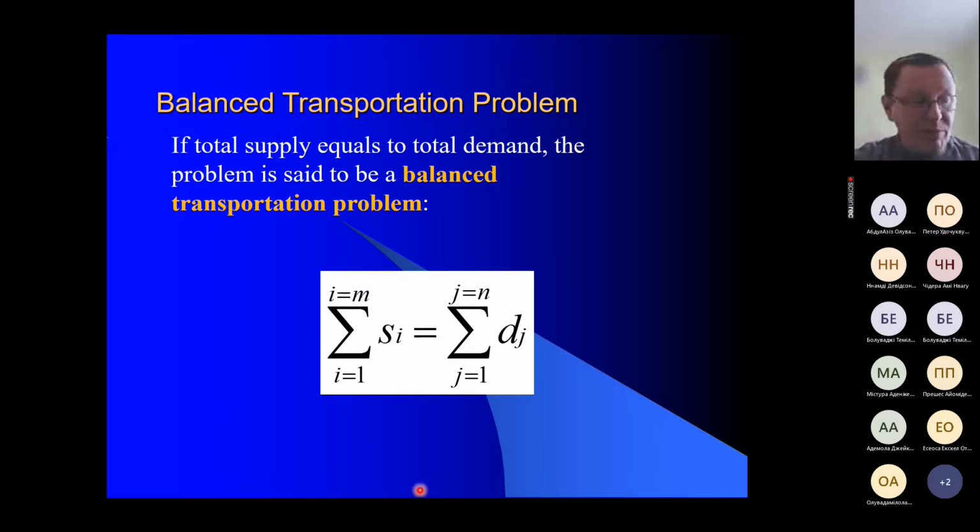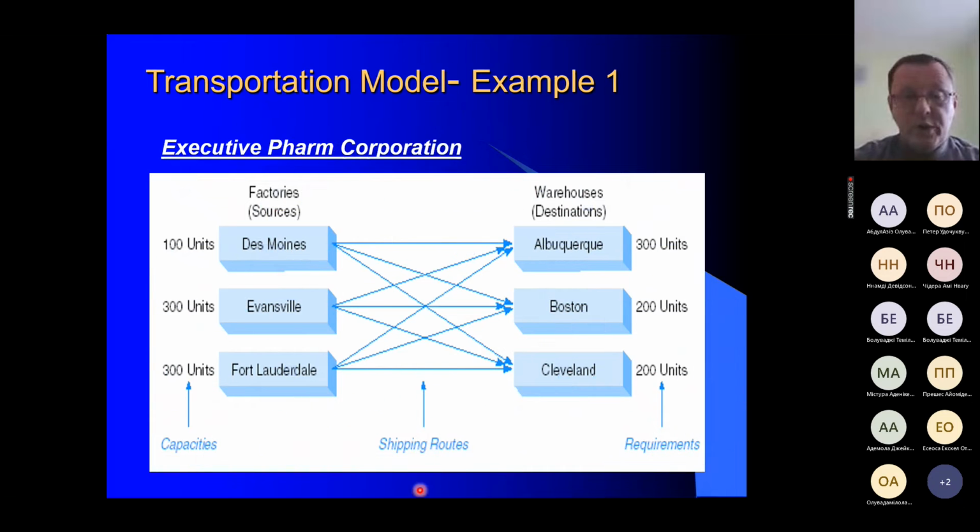So for a balanced transportation problem, our task passes the feasibility condition. In reality, it almost never happens, but for mathematical assumption, we could use it and create some effective solution. And here is an example of how we deliver some units of pharmacy packs, or medicine packs.